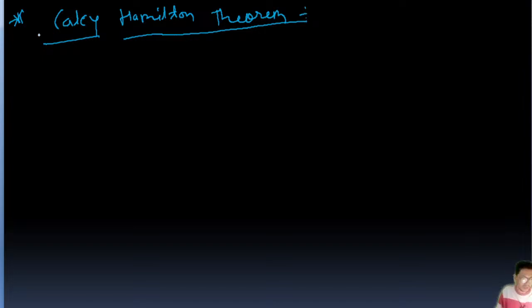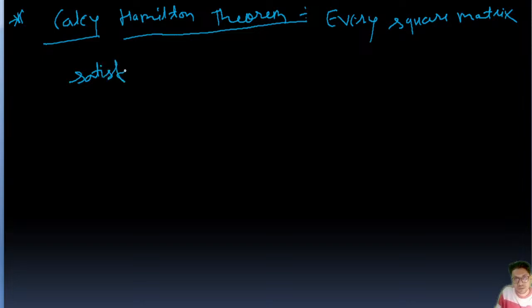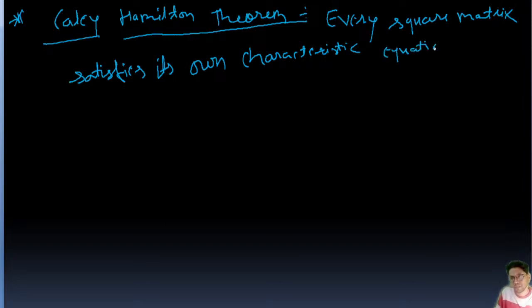It says, very important, every square matrix satisfies its own characteristic equation. Very important statement. Every square matrix satisfies its own characteristic equation. So every square matrix always satisfies its own characteristic equation.